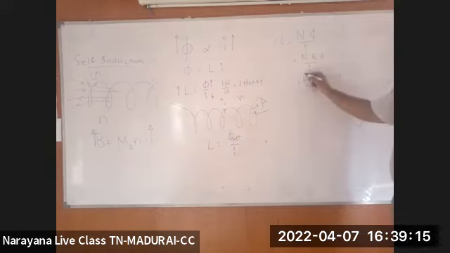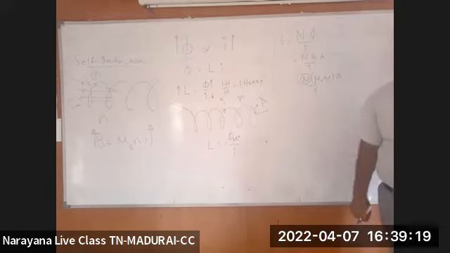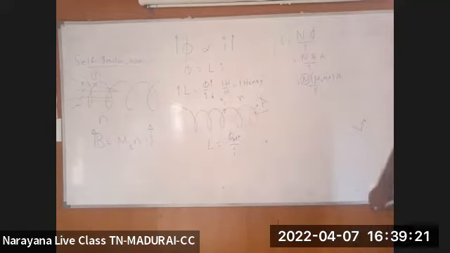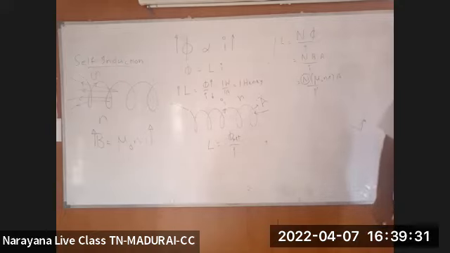But as I told you, capital N is undefined. That capital N is undefined. Why? Number of turns is undefined, length also undefined. Can you continue with this capital N? So it is incorrect now. So small n, what can I write here?